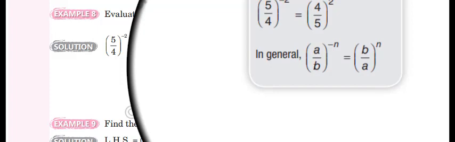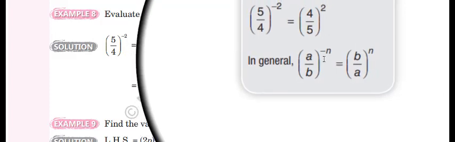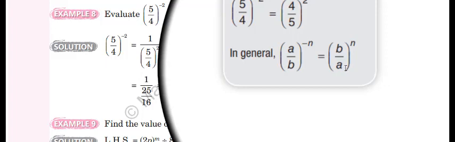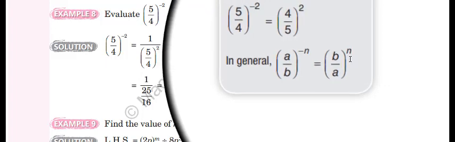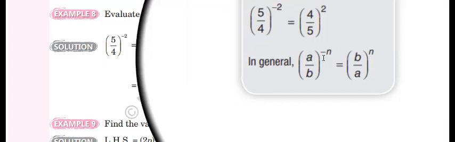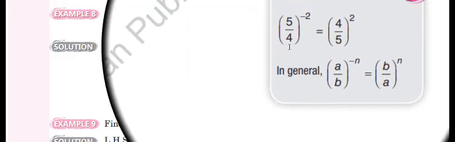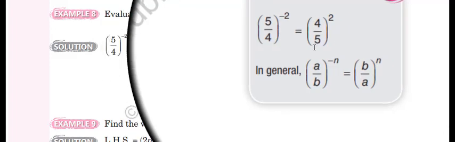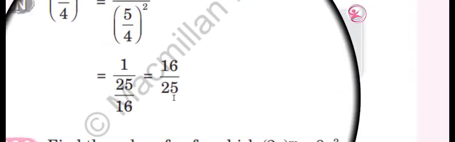Now if the base is a rational number, that is a by b, and it has a negative exponent, to make it positive we take the reciprocal of the rational number and place the positive exponent. Like directly I can say that 5 by 4 raised to the power of minus 2 will be equal to 4 upon 5 raised to the power of 2, which on solving comes out to be 16 upon 25.